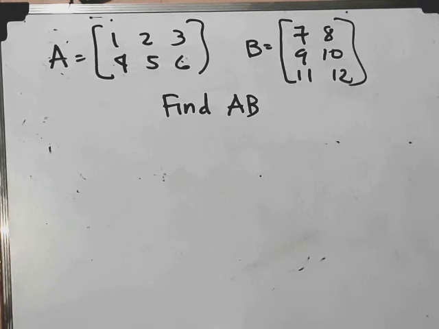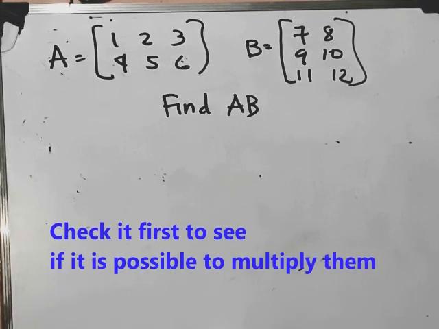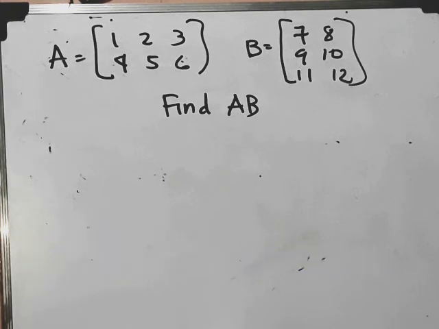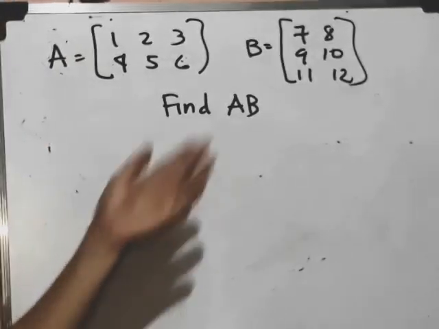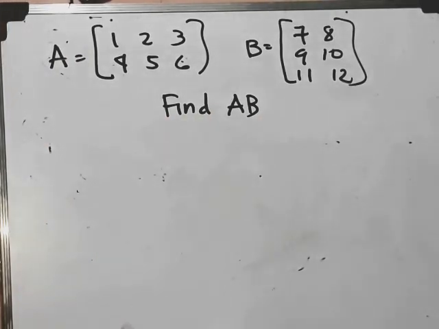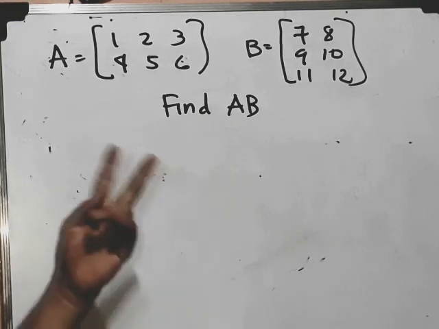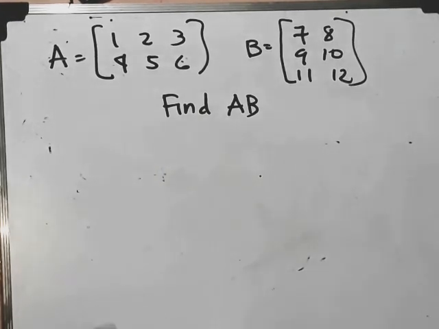So, we have A multiplied by B. Okay. Una, we have to check first to see if it's possible to multiply them. Pwede bang i-multiply yung dalawa? Ano bang golden rule para ma-multiply ang dalawang entire matrix? Diba sabi ko kanina, para ma-multiply natin, kailangan same number of column ng isang matrix sa number of rows ng isang matrix.